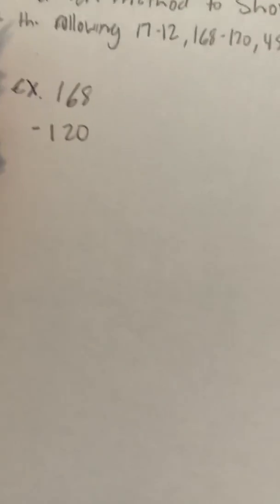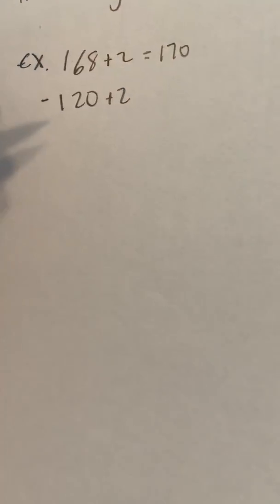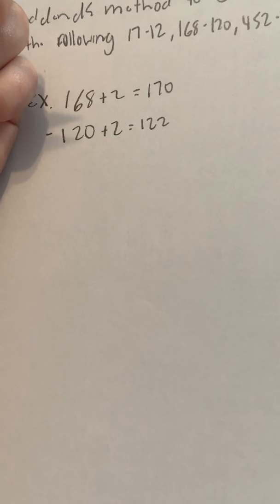The next one is 168 minus 120. So what we're going to do there is add 2 plus 2 plus 2 to get the 168 to 170. So that's going to be 170, and this is going to be 122. Alrighty. And then I added 30 as well to get to 200.